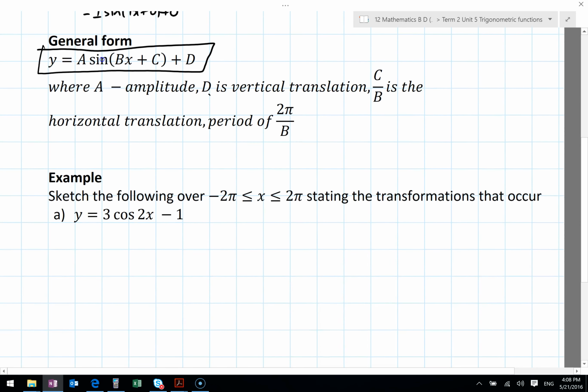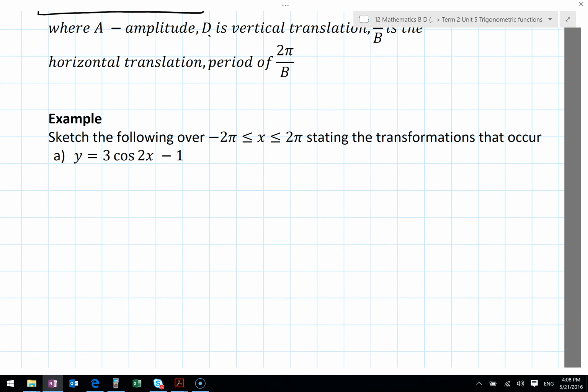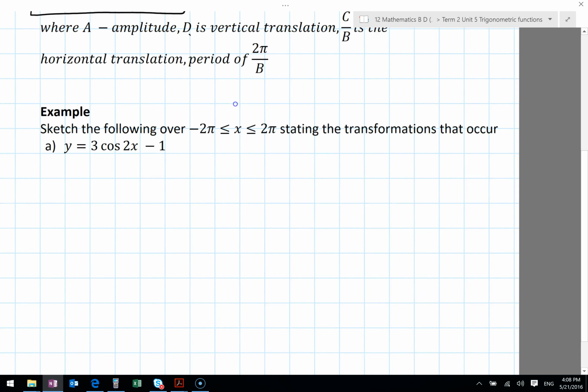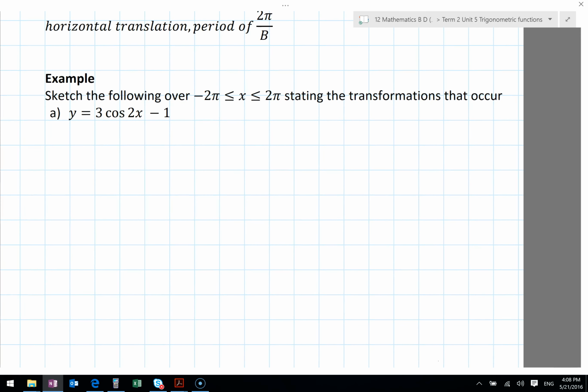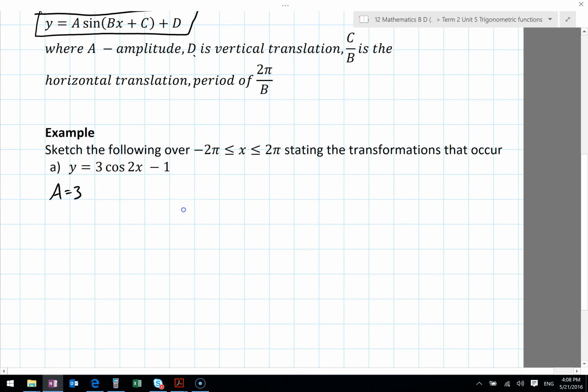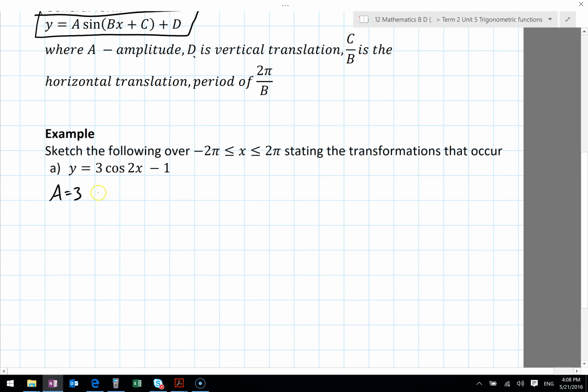Just remember the period is this distance. So we should actually draw one of these. The question states the domain over which we're drawing it, and it tells us to state the transformations as well, so we've got to make sure that we do that. I'd start by identifying that a equals 3, which I got from comparing it to the basic form. A equals 3, b equals 2, d equals -1.